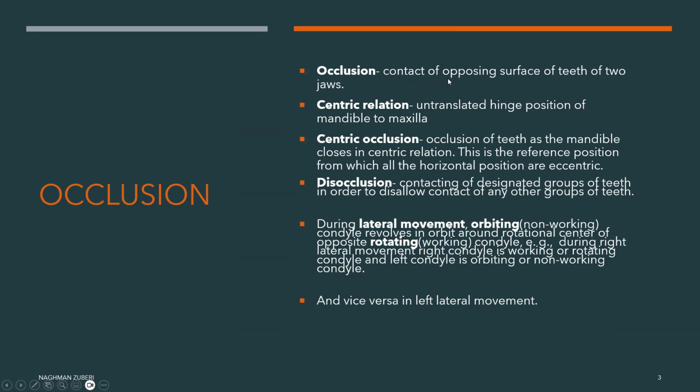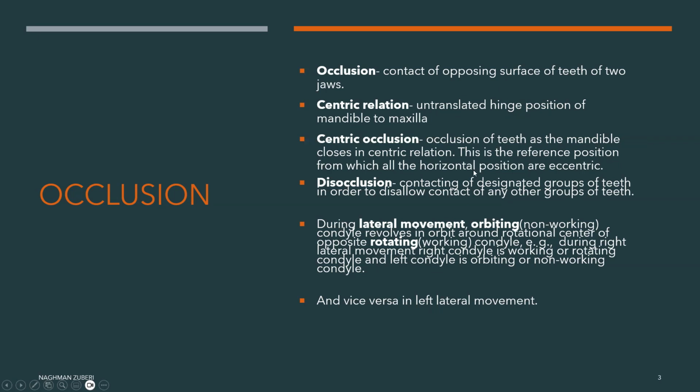Occlusion is the contact of opposing surfaces of teeth of the two jaws. Centric relation means the untranslated hinge position of the mandible to the maxilla. And centric occlusion is the occlusion of the teeth as the mandible closes in centric relation.